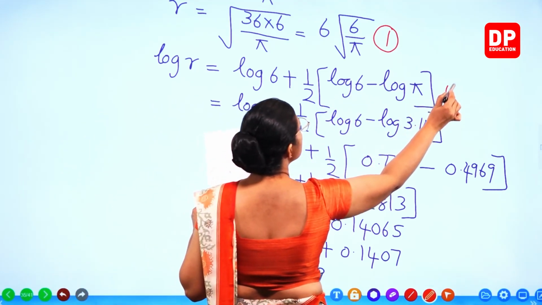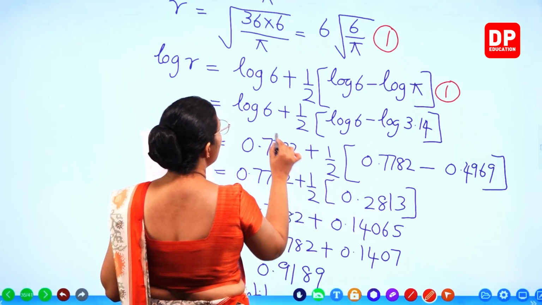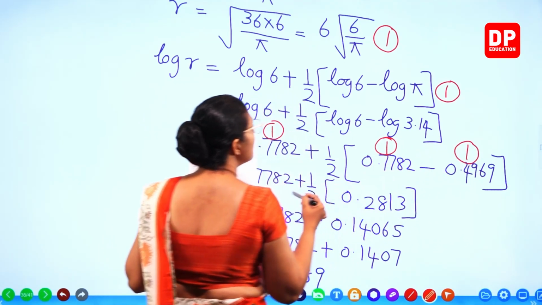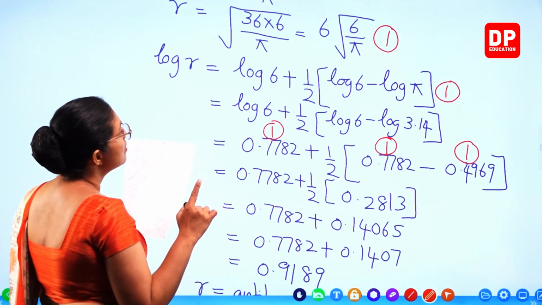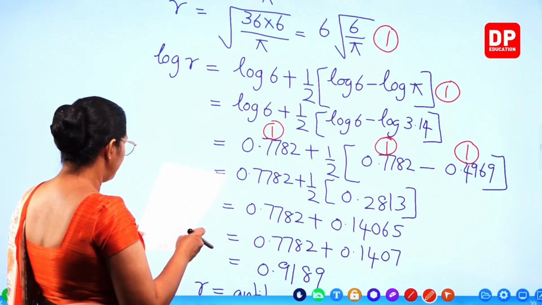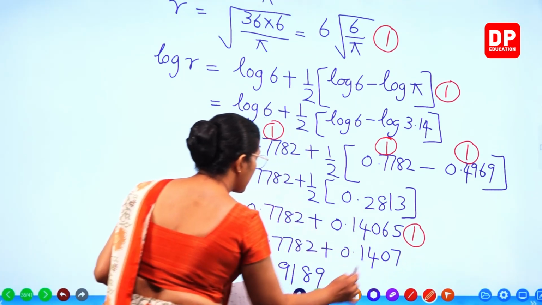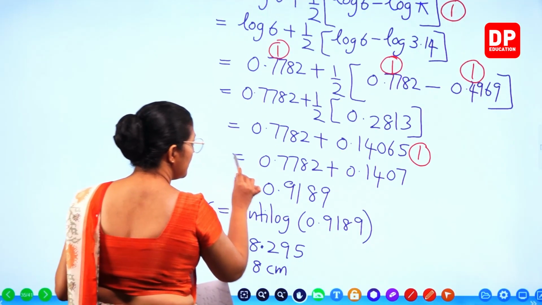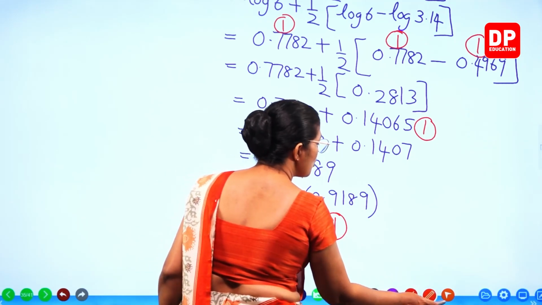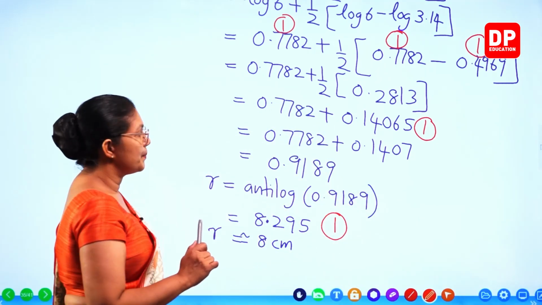Taking log 1 mark, referring to the log values, 1 mark each, 1, 2, 3, 4, another 2 marks, 1 mark here, and final answer 1 mark. So we have given altogether 10 marks for the whole question.